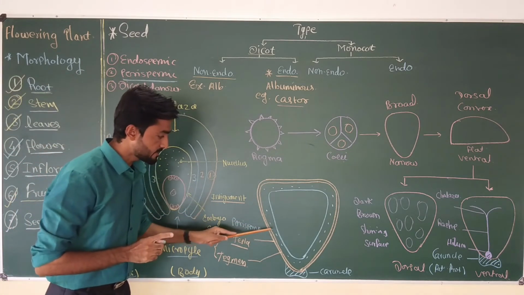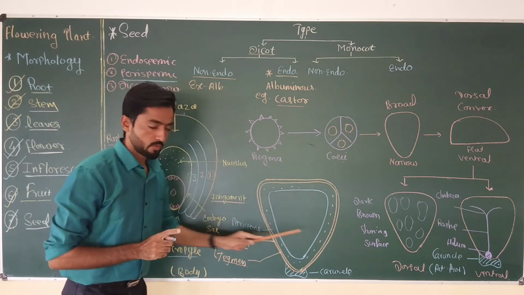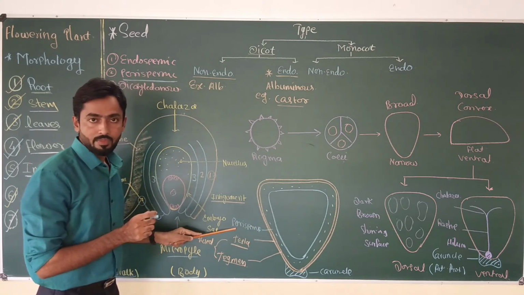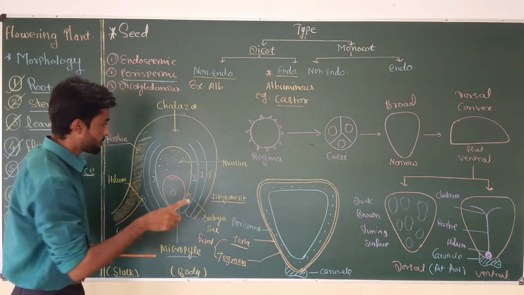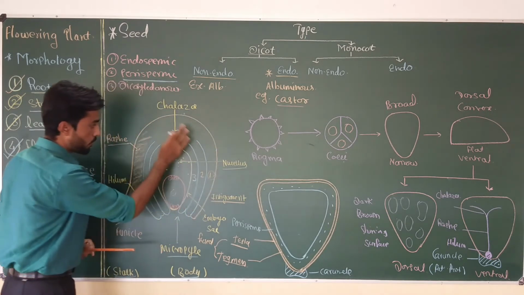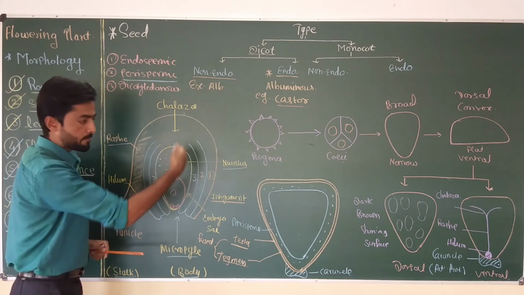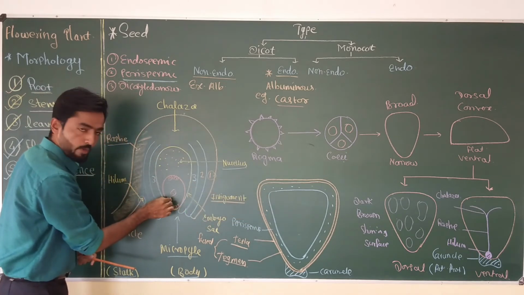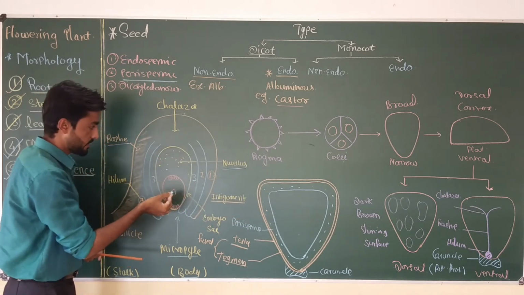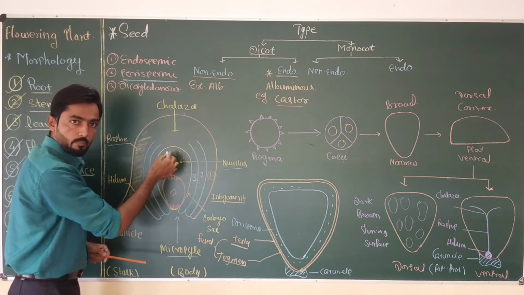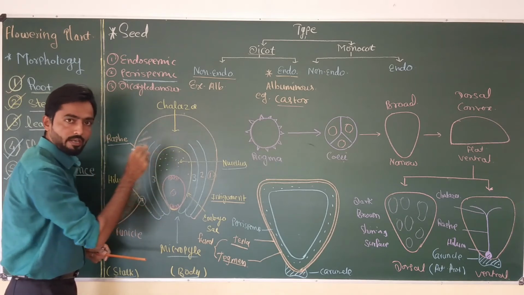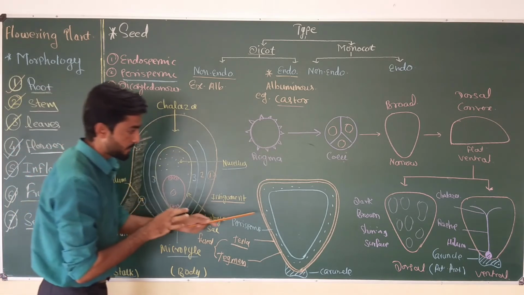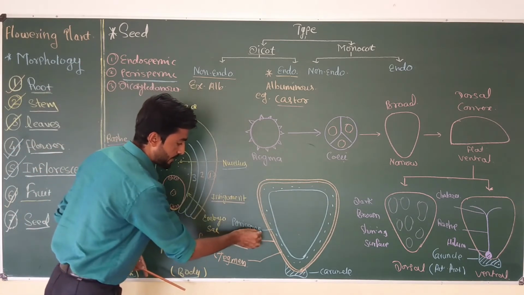Because inside the seed coat another layer is present, which is called perisperm, and this perisperm is nothing but the remnant of the nucellus. When this ovule develops into a seed, the embryo at the time of germination consumes the major part of the nucellus, but some matter remains as it is, and it is present in the seed in the form of perisperm.